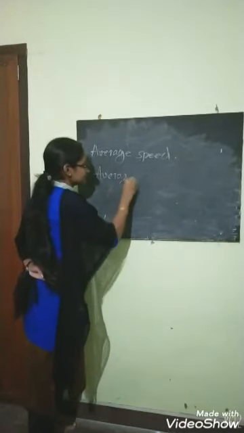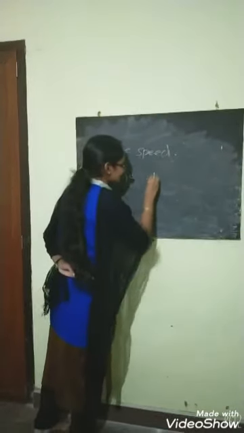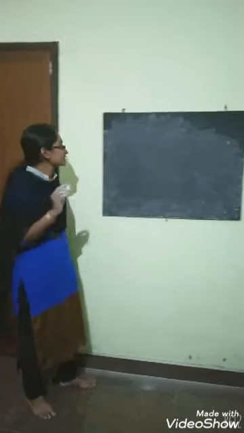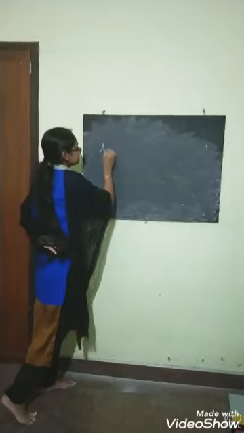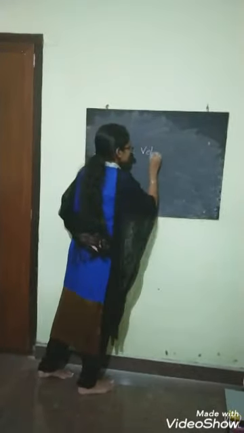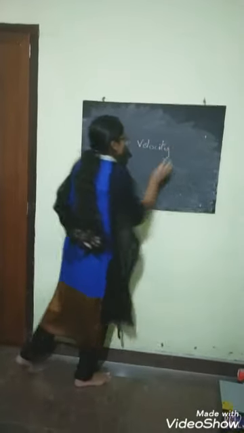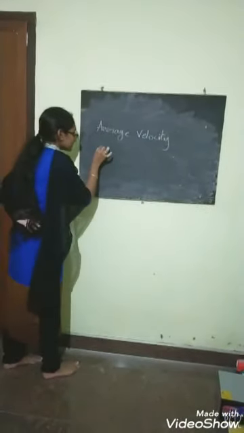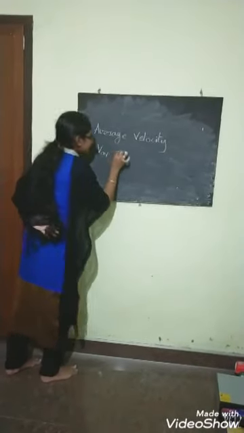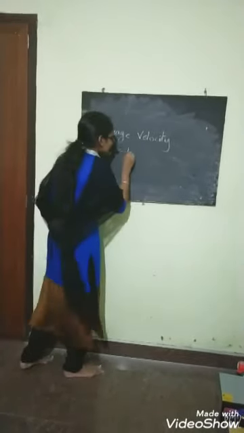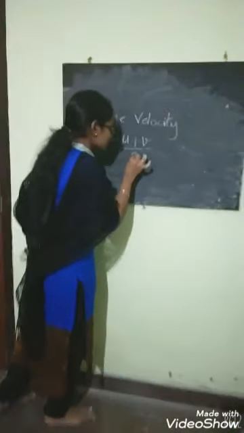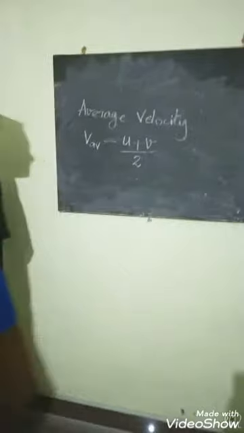Average velocity can be denoted as V_AV. It is equal to (u + v) by 2.